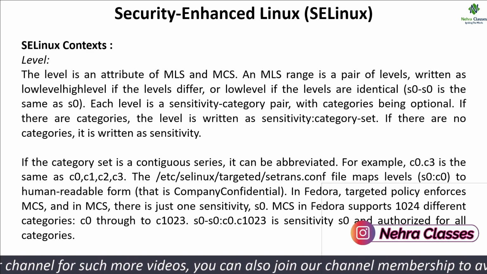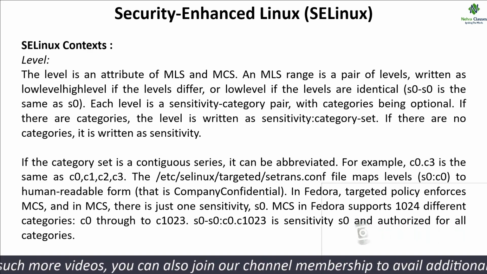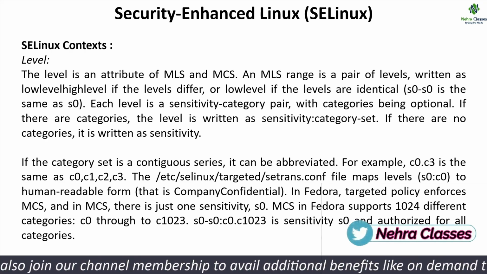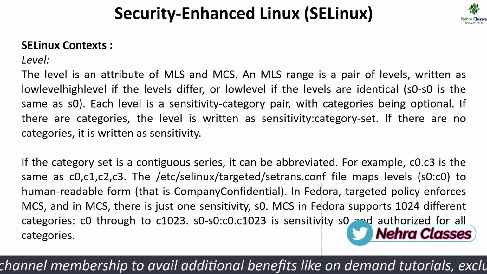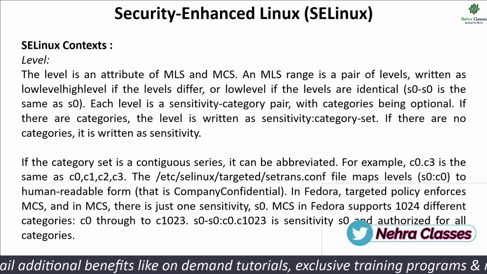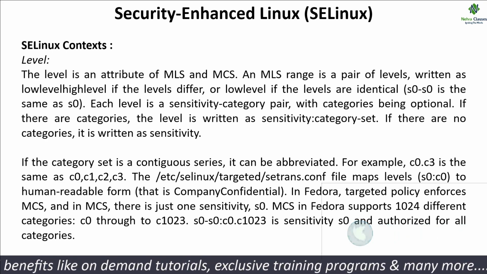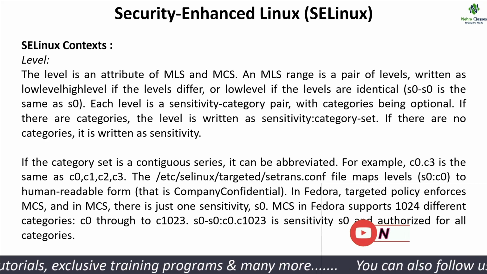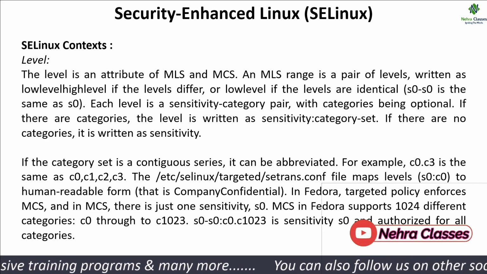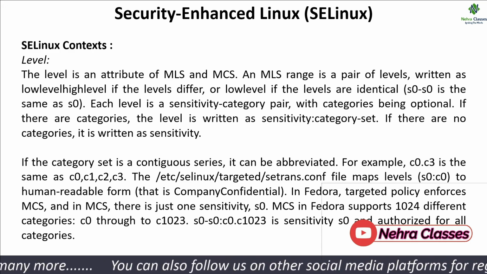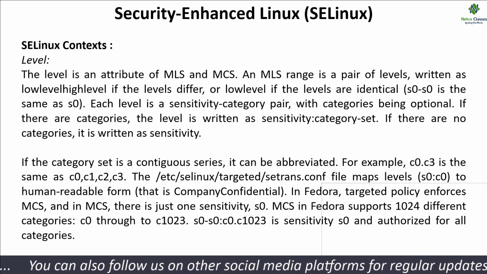In Fedora based distributions, targeted policy enforces MCS, and in MCS there is just one sensitivity, that is s0. It supports 1024 different categories, C0 through C1023. The sensitivity is s0 and authorized for all categories.